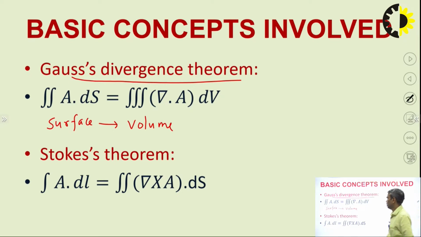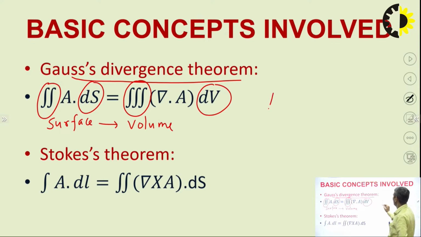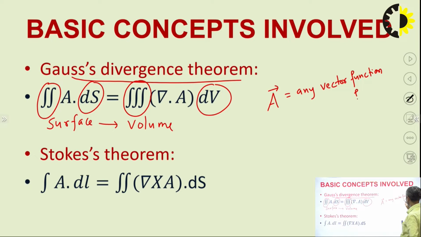Here it is integrated over a surface, because double integration, in case of surface we have 2 dimension, and in case of volume we have 3 dimension. So, this dV is the volume element, and this A is any vector field or function. Mathematically we call it vector function, and technically we call this a field.